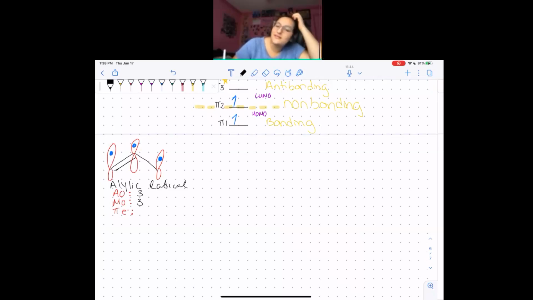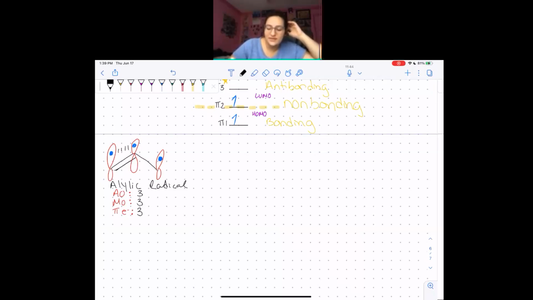Ooh, so we got some 2 and some 3. Since we have these 2, they're part of the double bond, we have at least 2. But this one is going to count as a pi electron. So if we have a radical, we will count this 1 pi electron. So altogether, we will have 3.